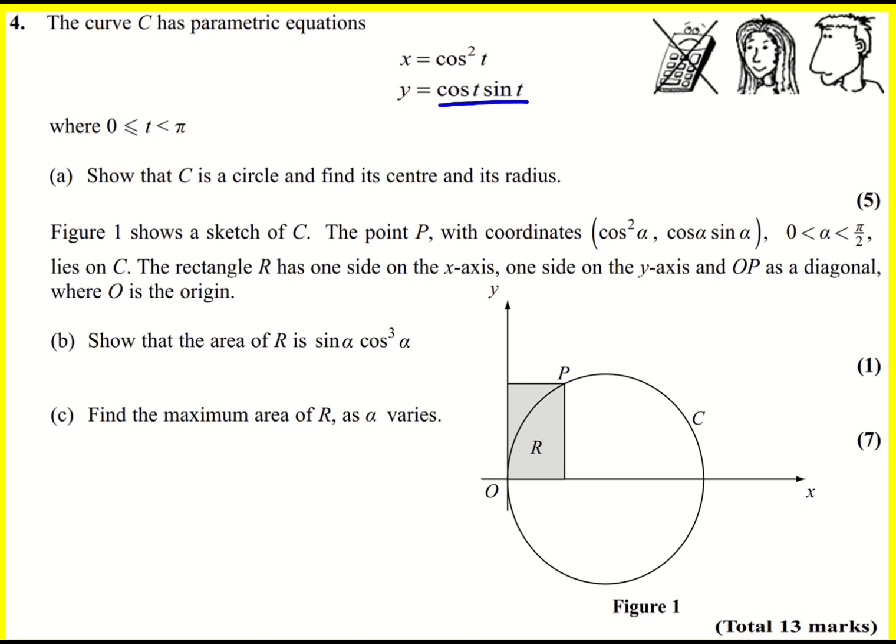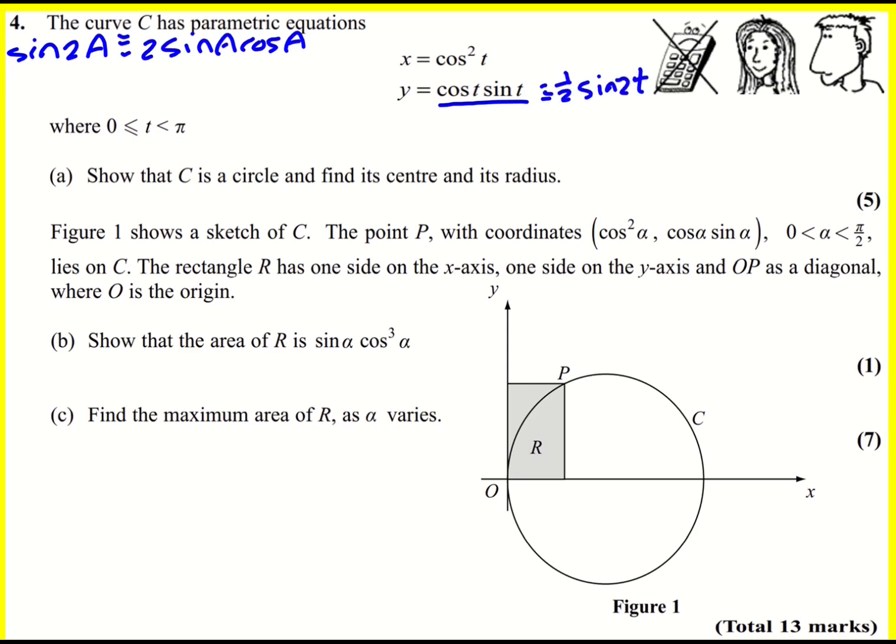And here's the first clue then. Cos t sine t. Well, there's a double angle formula. Sine 2a is identical to 2 sine a cos a. So I can write this as a half sine 2t.